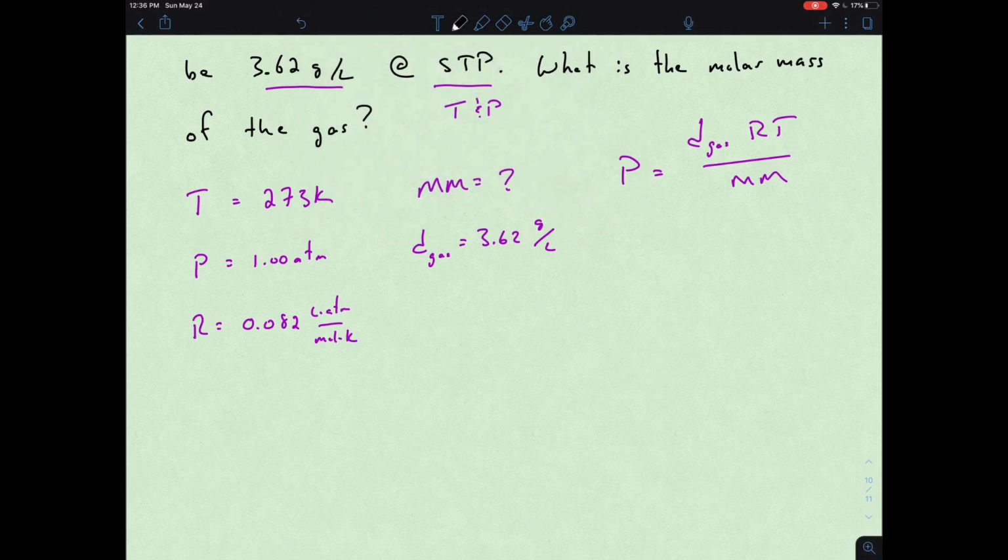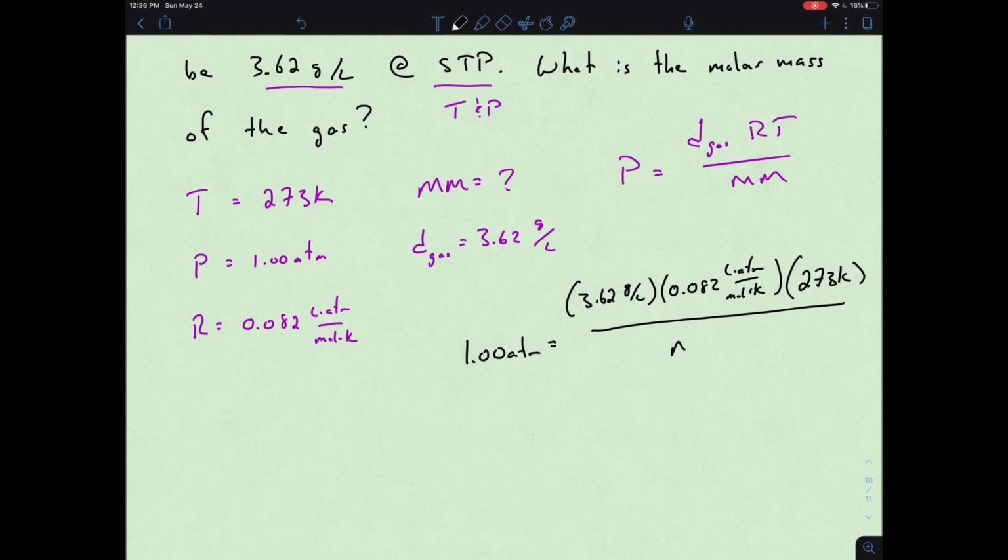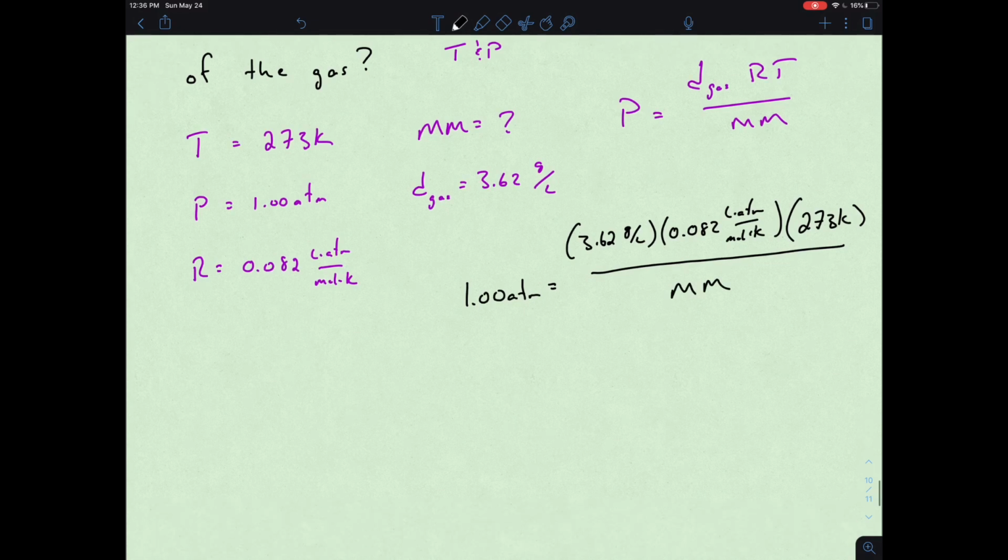So if we plug those values in, we have our 1 atmosphere is equal to the density times our R value and our temperature of 273 all over our molar mass.